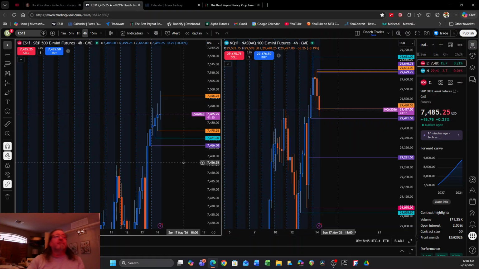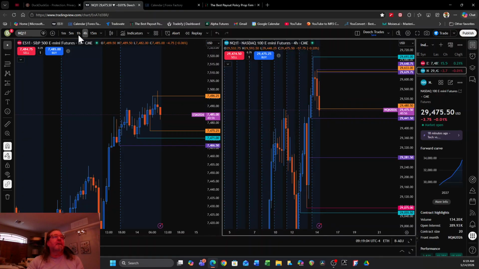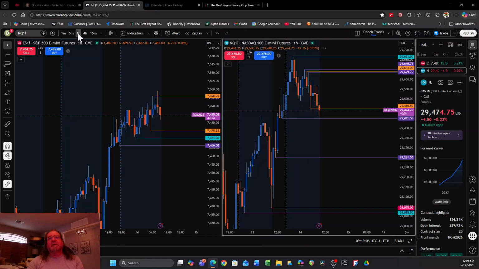Even though the 4 hour is showing still bullish, if we look at the 1 hour, we did get a break of structure down here, moving back up, and it does look like we could be closing with another break of structure after this move up on the Nasdaq. We're clearly in a downtrend on the Nasdaq currently in the 1 hour.